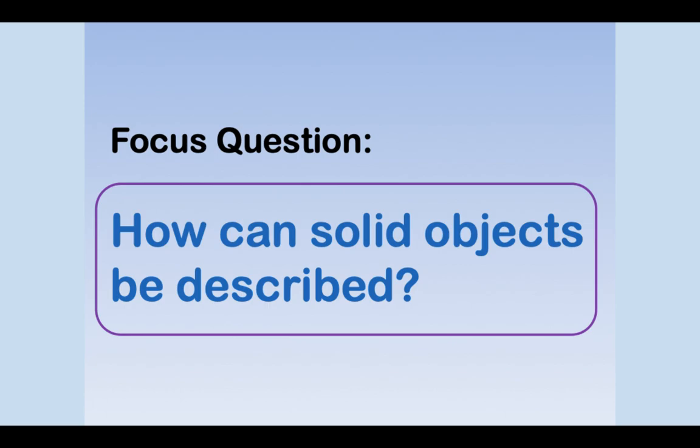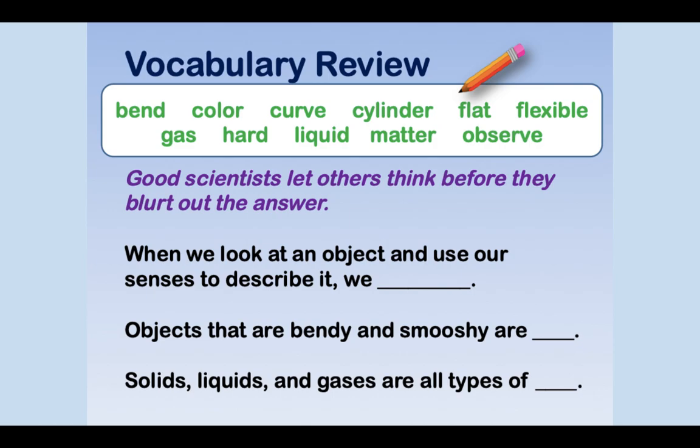So, how can we describe solid objects? You might say based on its color, its strength, its shape, its length, its flexibility, and its texture. If you're up for a challenge, let's look at these sentences and try to fill in the right vocabulary words. The first sentence says, when we look at an object and use our senses to describe it, we... and we have to look at all the words on the top to see which word fits the best.